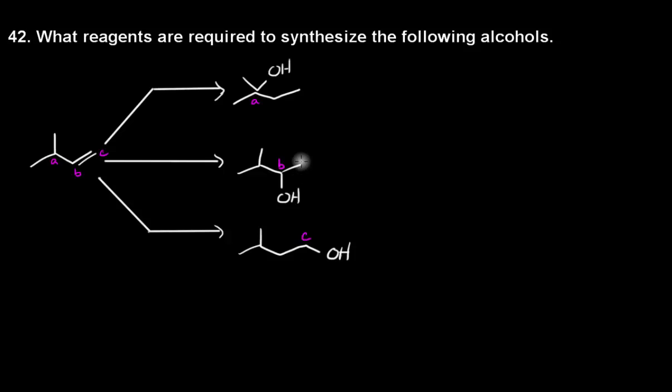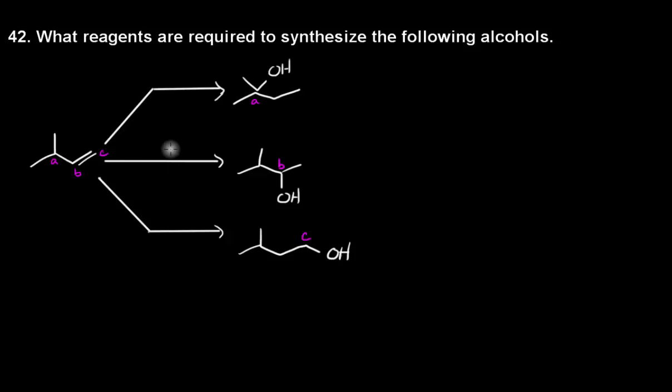And we already know that if we want to do a Markovnikov addition of an alcohol, we have to resort either to the acid-catalyzed hydration or the oxymercuration. Obviously, something funky is going on with this, where we have an alcohol addition to carbon A. So let's just be safe for the moment and say we're going to prevent, or attempt to prevent, any kind of rearrangement by going with the oxymercuration route.